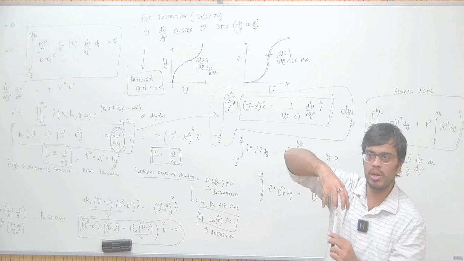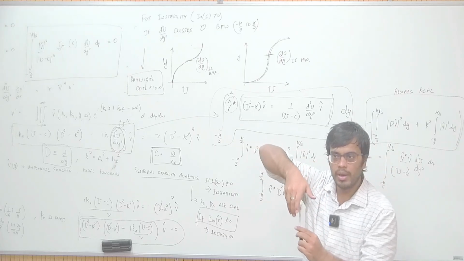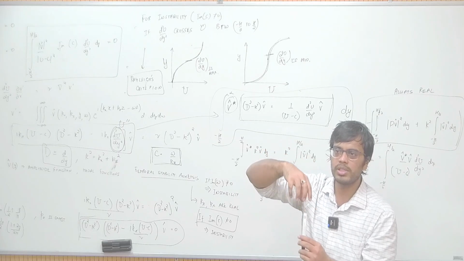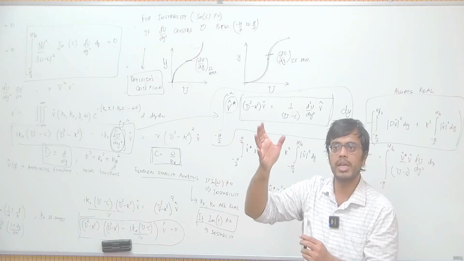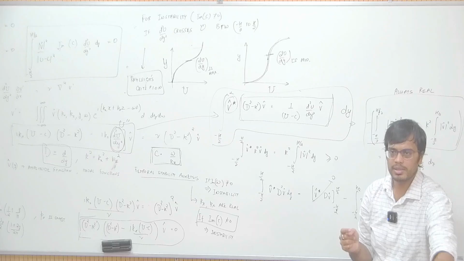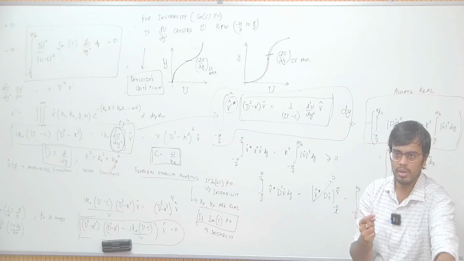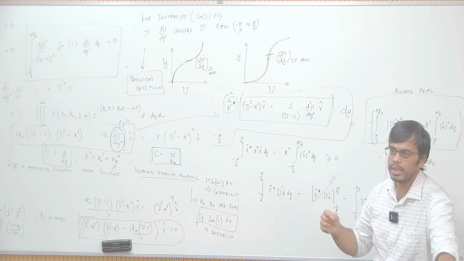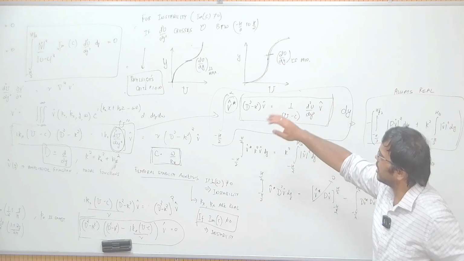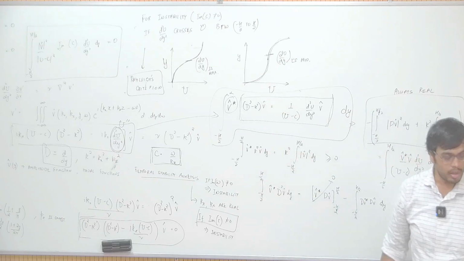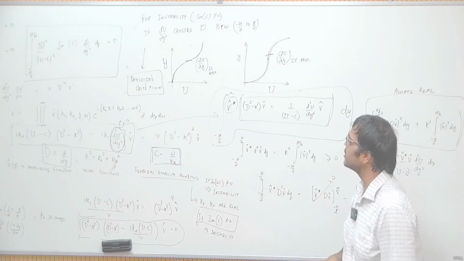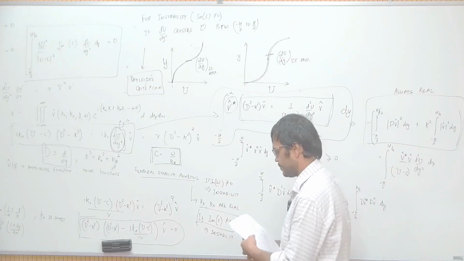You have two cylinders, one of them is fixed, the other one is rotating. If the angular velocity difference between these two cylinders crosses a critical value, then you start to see streaks appearing in the flow. Those streaks are basically instability that is developing. For that case also you can do a very similar analysis and derive a criterion for the critical value of omega difference after which you will see instability.